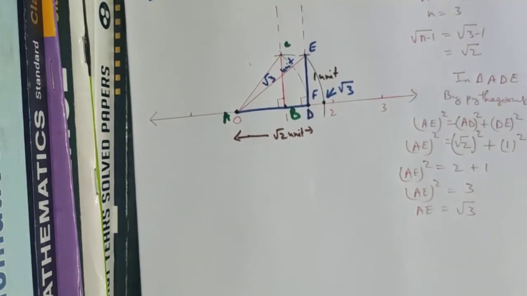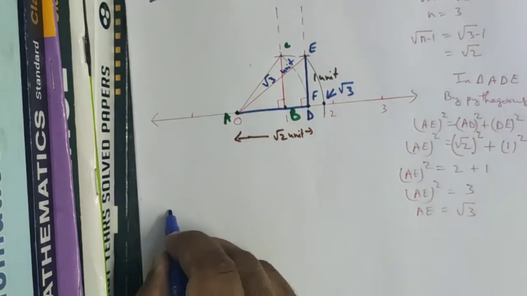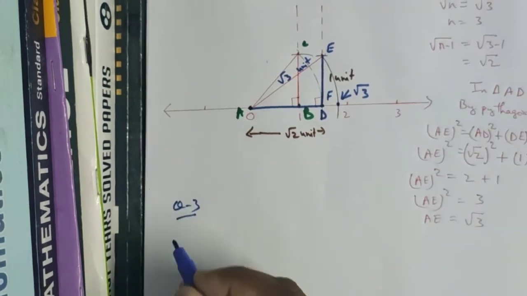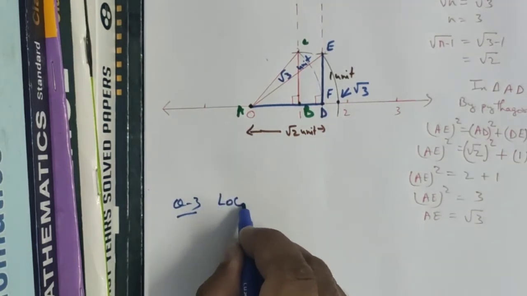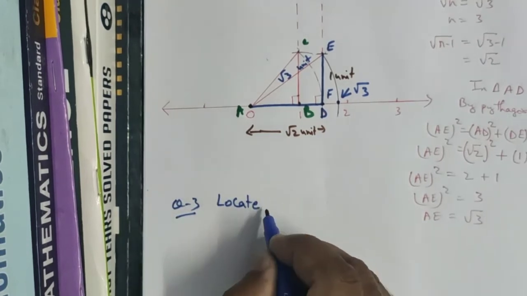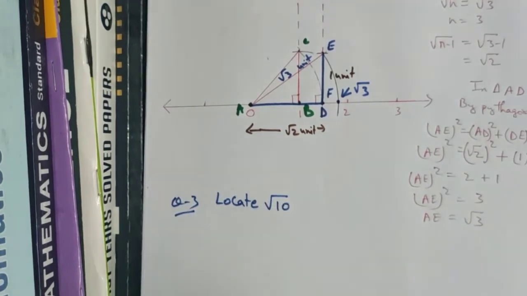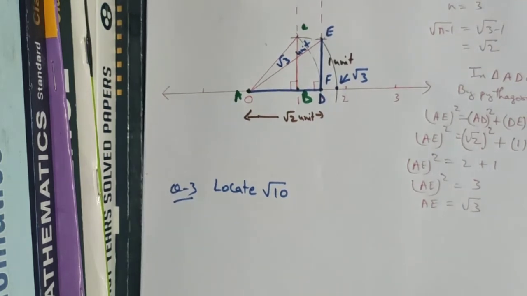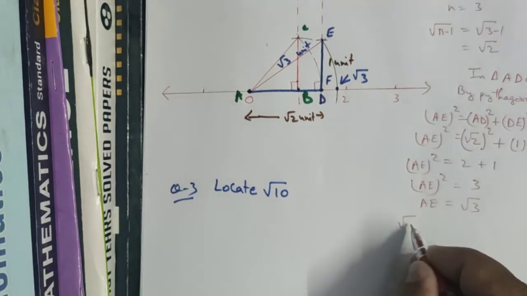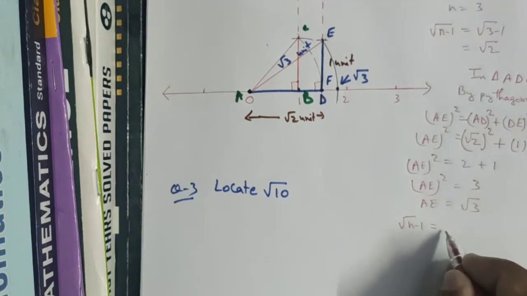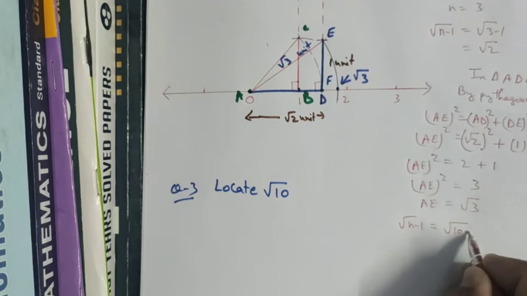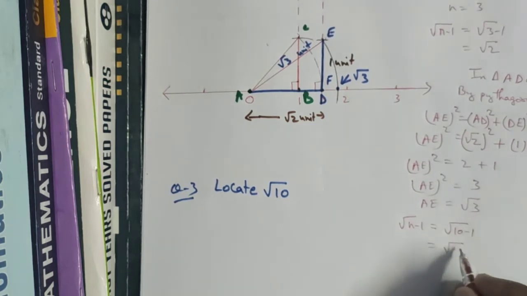Now we will move to the next question, next example. Suppose we have to locate root of 10. So again, root of 10, we have to first calculate root of n minus 1. So root of n minus 1 will be, now I think it will be easy to understand, root of 10 minus 1, that is root of 9.